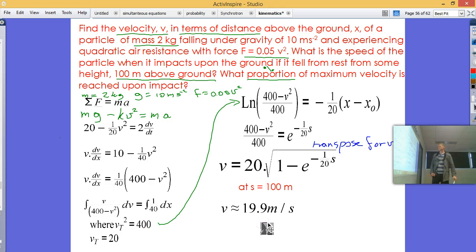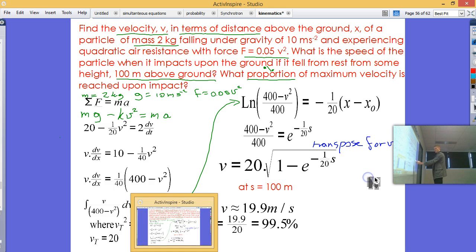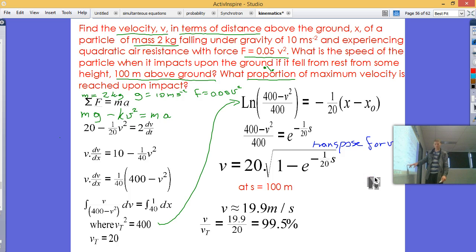Now, what is that as a proportion of the maximum velocity? By expressing our determined velocity as a fraction of terminal velocity, 19.9 out of 20, v over vt, we get our proportion, 99.5%. So we're almost at the maximum.